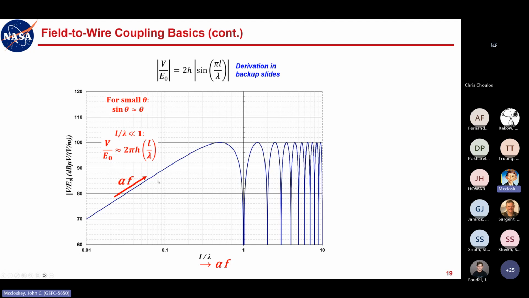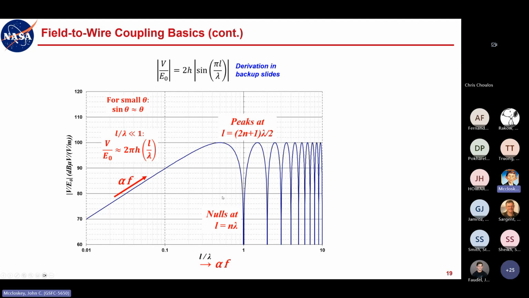So when L over lambda is less than about 1/10 of a wavelength, the curve is quite linear, and it's increasing linearly with frequency. And then, just as we discussed on the previous page, we have nulls when the length is an integer multiple of the wavelength. Then we have peaks when it's an odd multiple of a half wavelength.